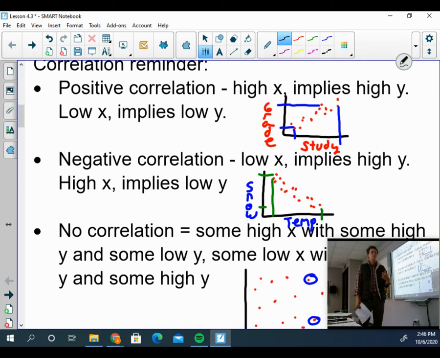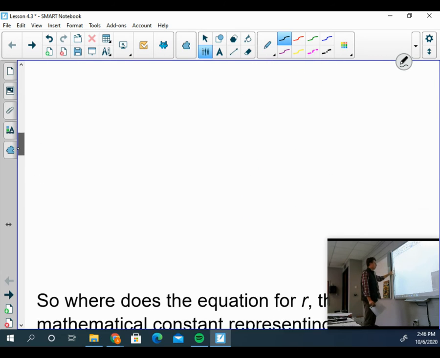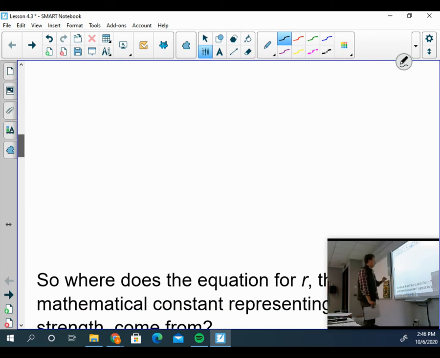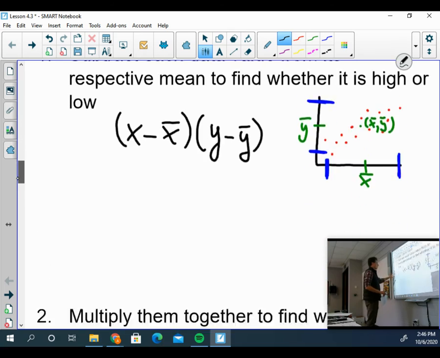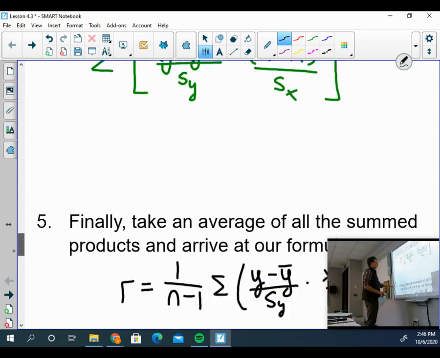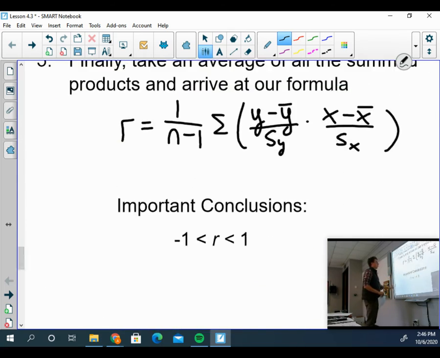They recognized the differences between a positive correlation, high and high, low and low, a negative correlation, low and high, high and low, or no correlation, a mixture of highs and lows. And they use this formula to come up with this correlation coefficient R.